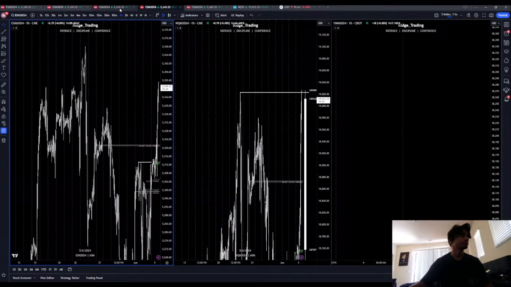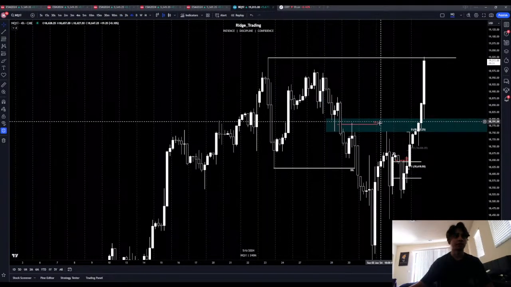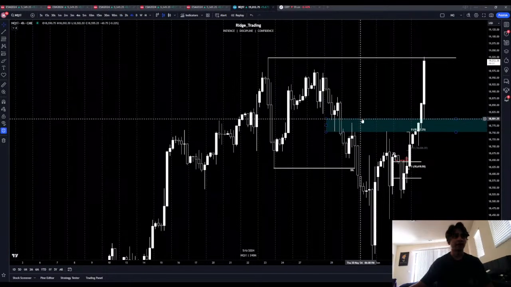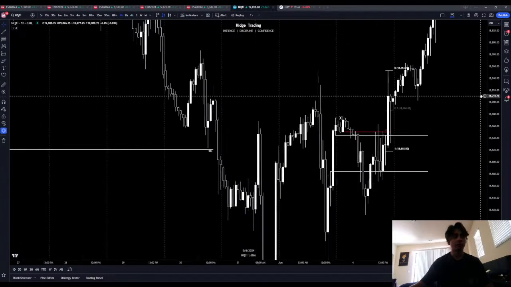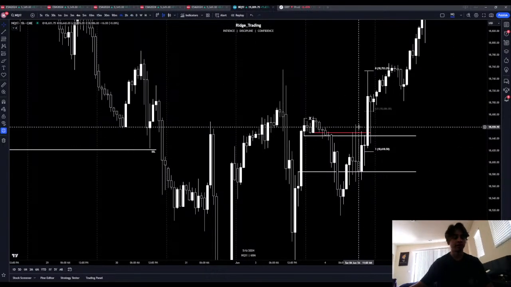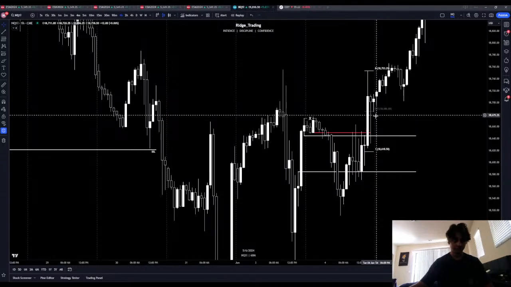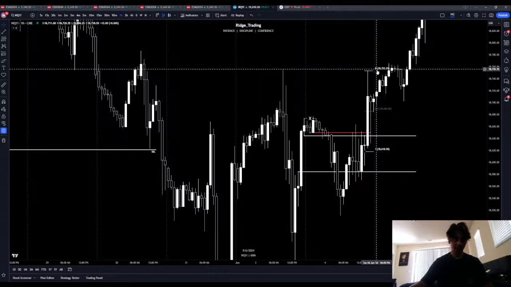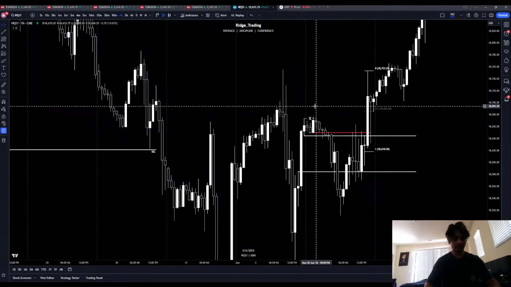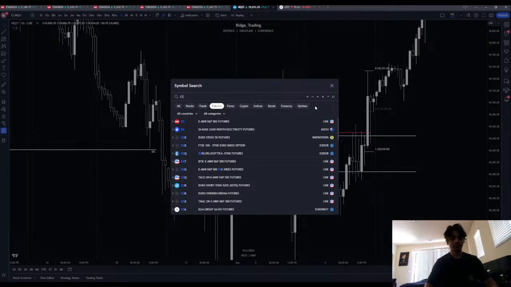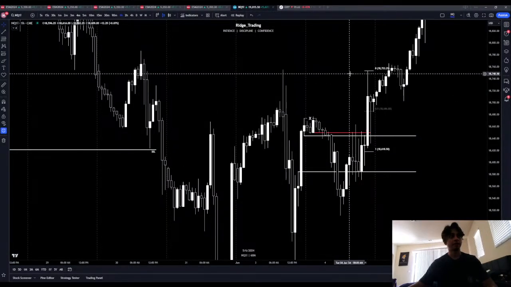The other reason I thought this was pretty good was that, out of this failure of this order block here, after rejecting it many times, we got above, and then we retested it and bounced. Yes, the target was this high up here, right?